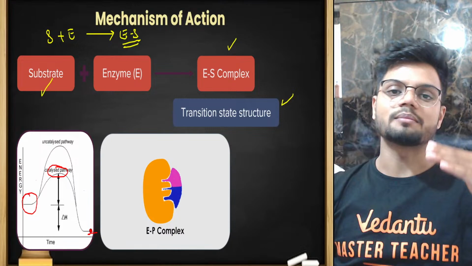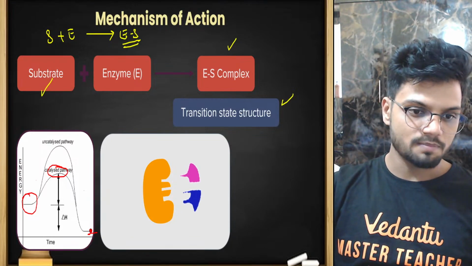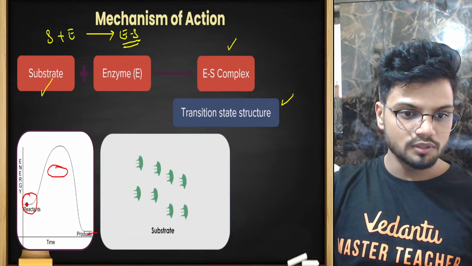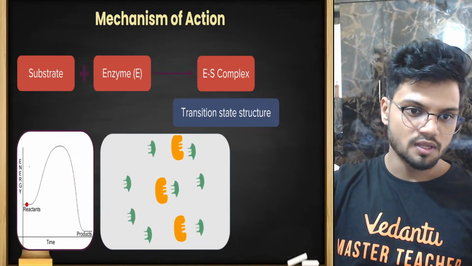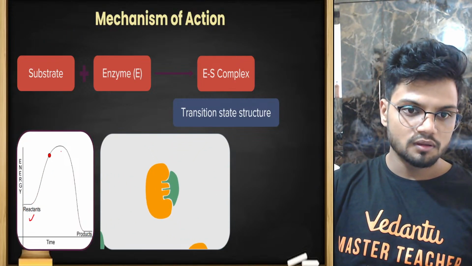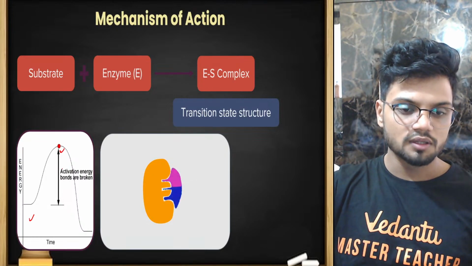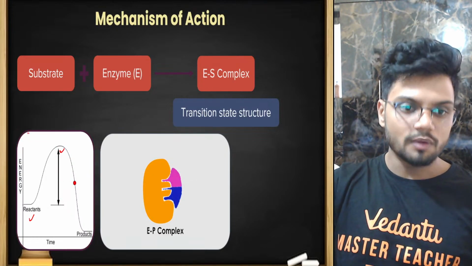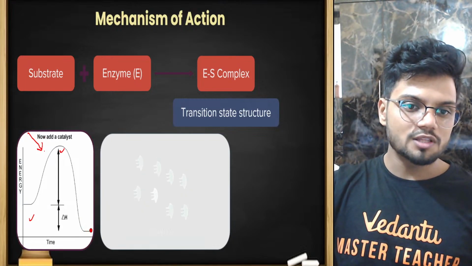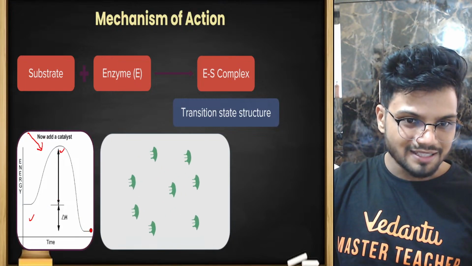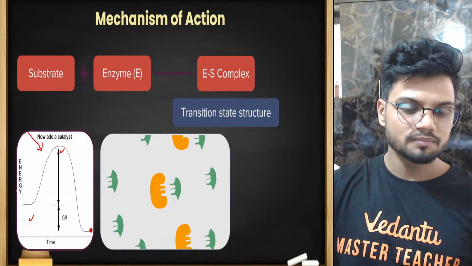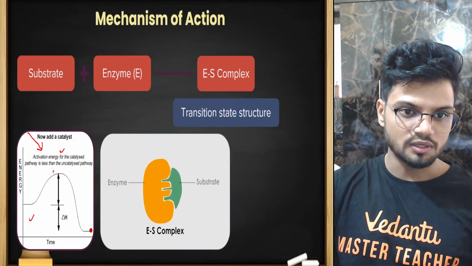Who? Enzyme. So if enzyme is able to decrease the energies, see friends, reactant, this is intermediate. This is the difference, energy difference is called as what? Activation energy. Now once we add the enzyme, what happens? Once we add the enzyme, this activation energy is only decreasing. Can you see? It decreased till here now.